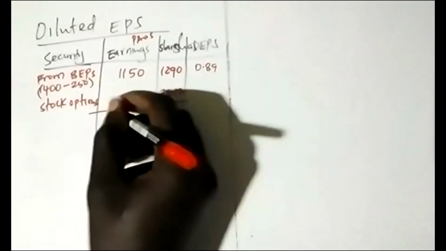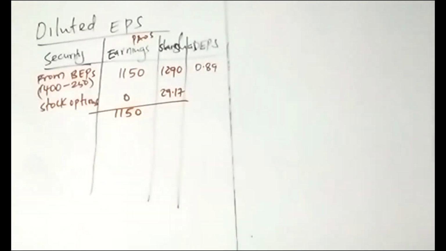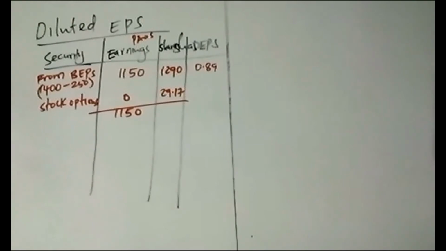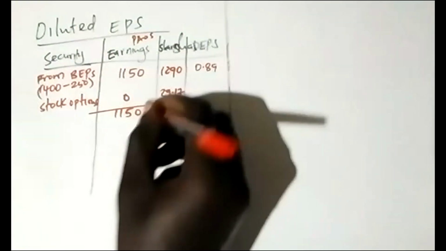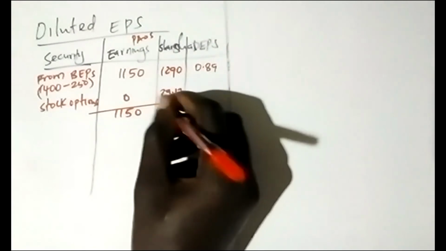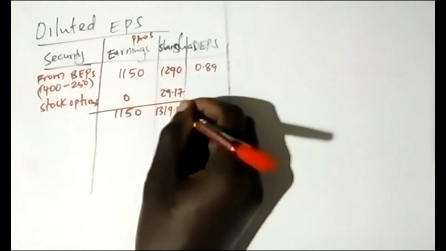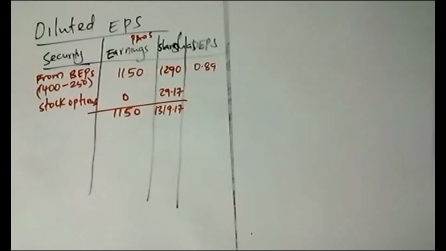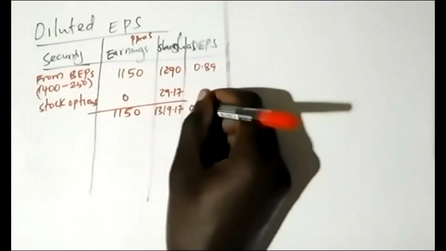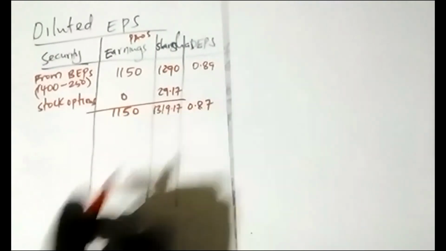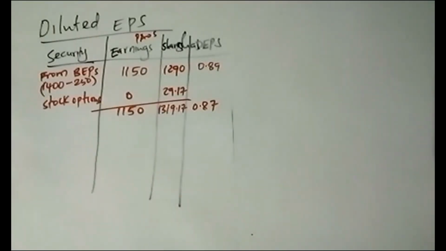So you add, you get 1,150. 1,290 plus 29.17 is 1,319.17. 1,150 divided by that, the answer is 0.87. So you divide earnings and shares.